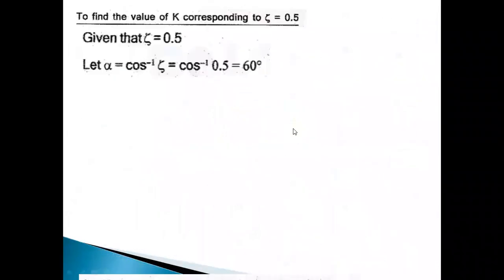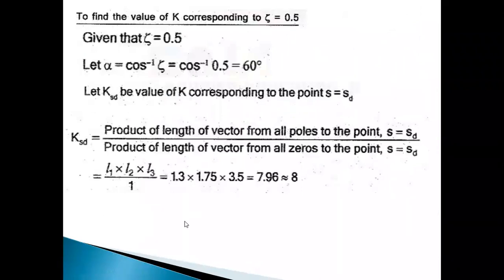If we calculate the corresponding K value, that becomes K at the desired damping factor. So it is the product of lengths of vectors of all poles to that particular point, divided by the product of lengths of vectors of all zeros to that particular point.